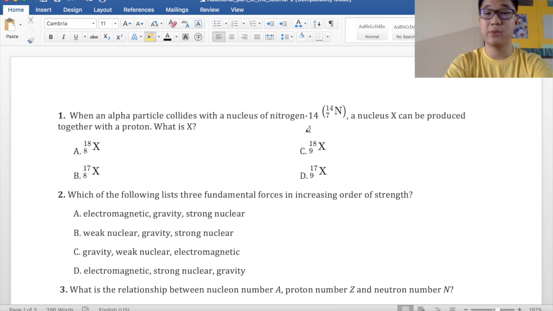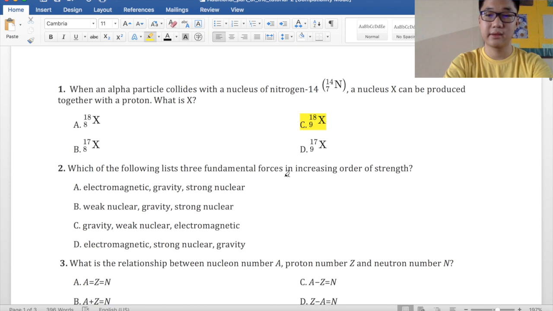So it collides with a 14-7. So what we do here is we add 4 to 14 because it's the one above. It's because alpha particle is 4 and 2. So we add the 4 here, which is equal to 18. Then we add the 2 here, down here at 7. So 18 and 9. So the answer here is letter C.